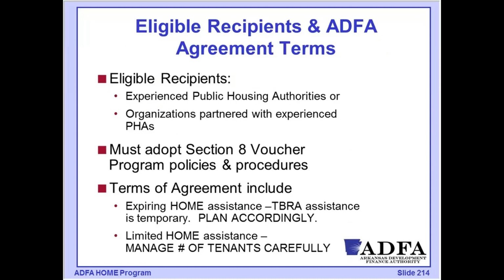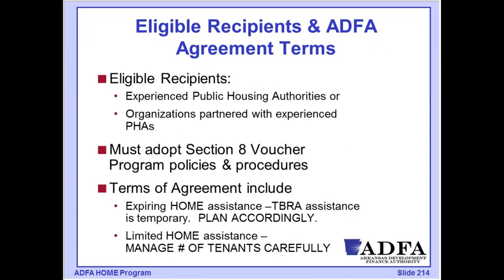So for our TBRA assistance, we're going to need to make sure that we have a capable entity that's going to run that. So our eligible recipients to operate a program would be an experienced public housing authority or another organization that's partnering with a public housing authority.